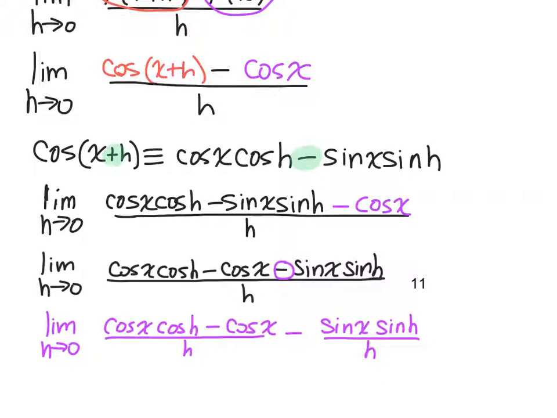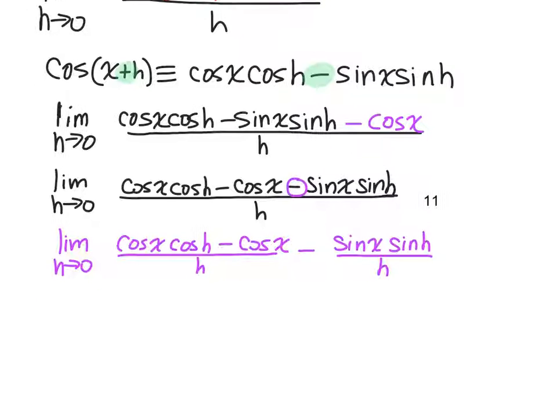I just want to keep those cosines together, with the idea being that, well, I have a common cosine, so let me factor it out.